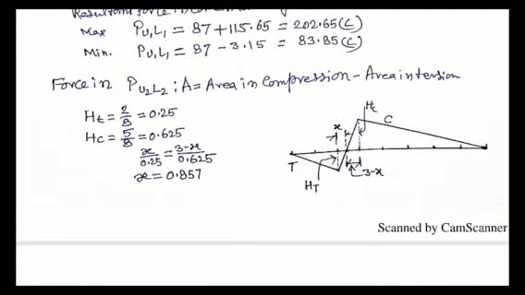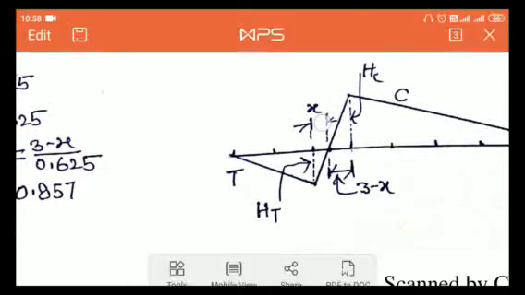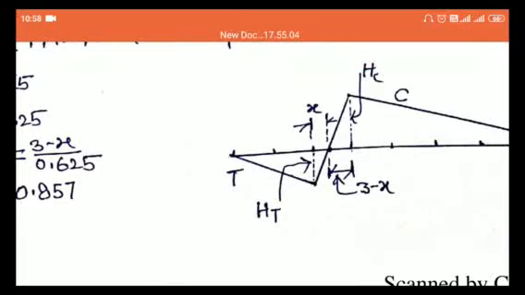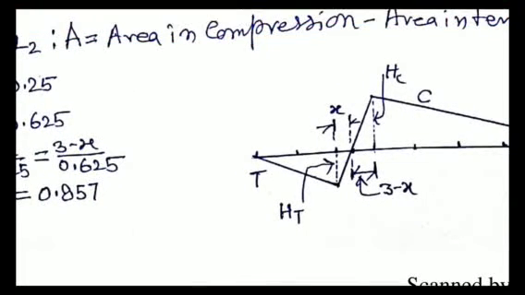Supposing again the intersection distance is x as shown here, and the remaining is 3 minus x, and this is the second member.